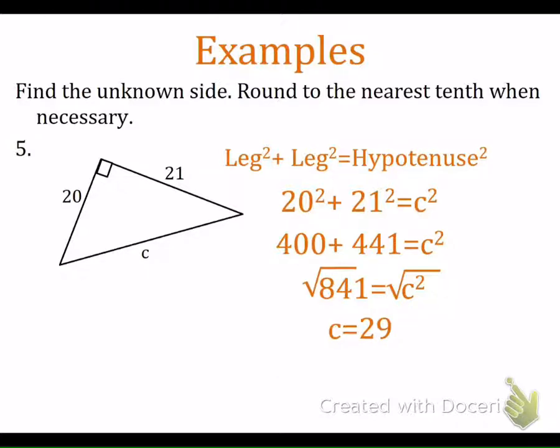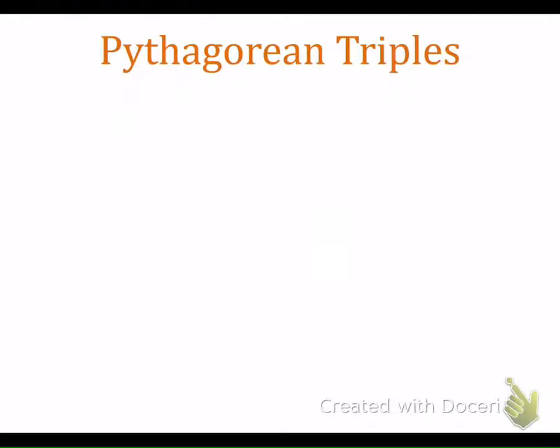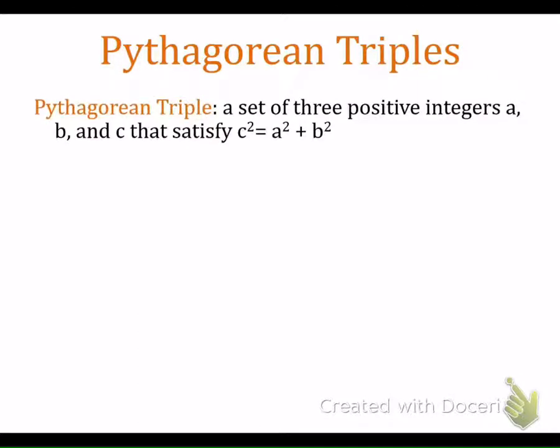What are your questions? So, a Pythagorean triple is a set of 3 positive integers, a, b, and c, that satisfy the Pythagorean theorem. Basically, that's 3 whole numbers that work.